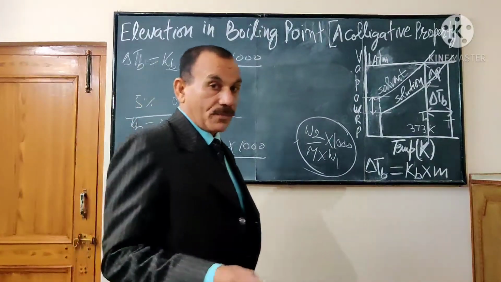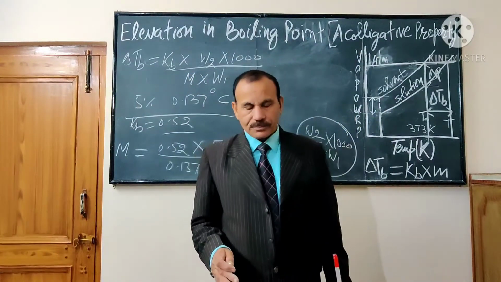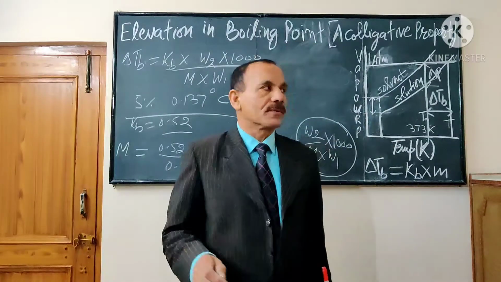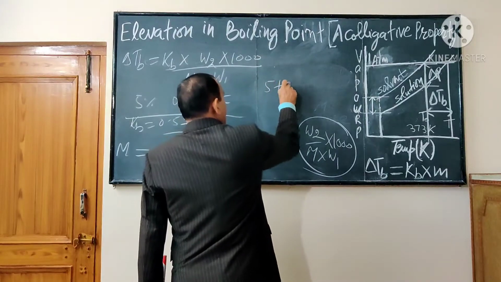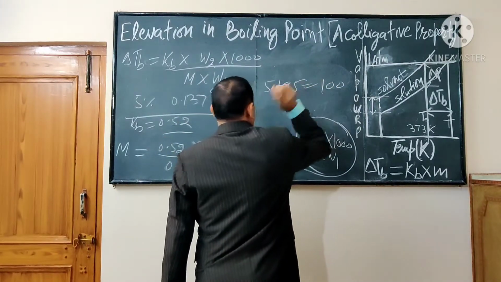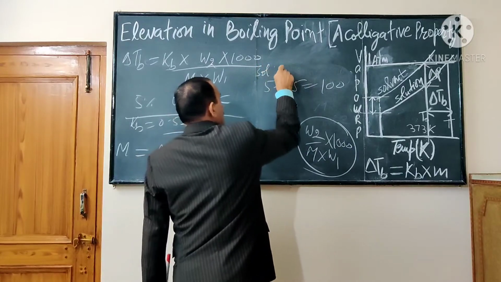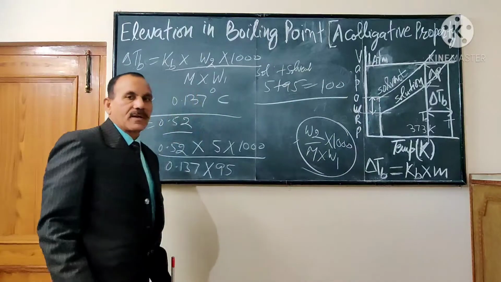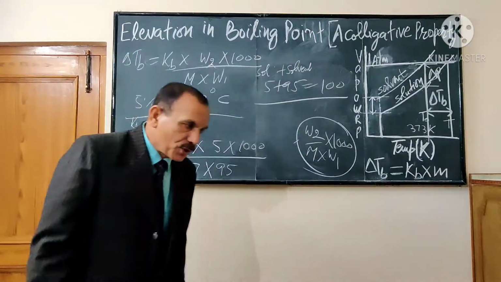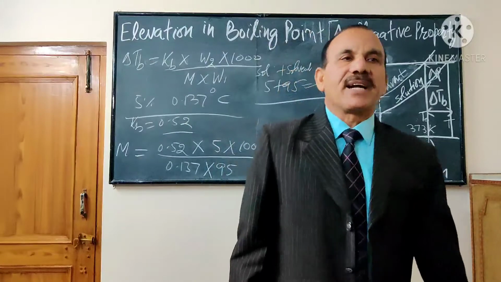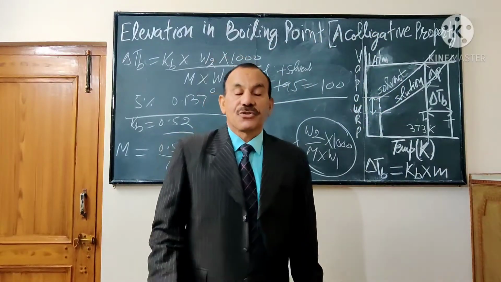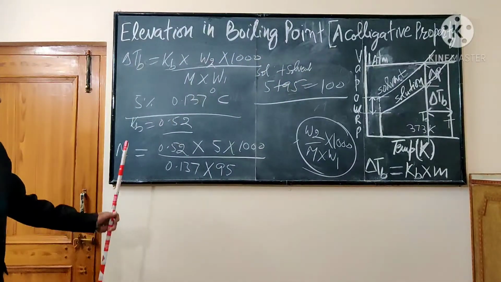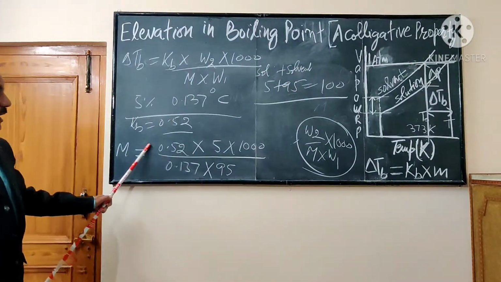Percentage means weight of solute present in 100 gram of the given solution. So 5 plus 95 is equal to 100. That is your solute plus solvent, and the total weight is 100 gram. So by definition, 5% means weight of solute in gram present in 100 gram solution. So 0.52 is the molar elevation constant of water.